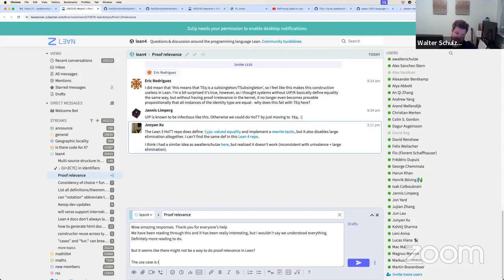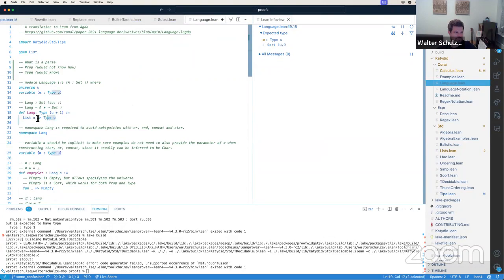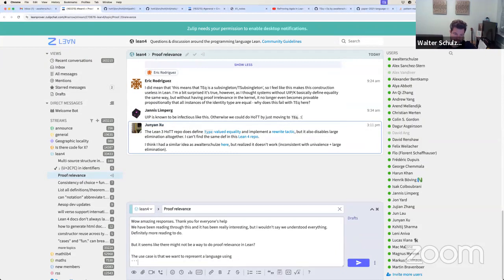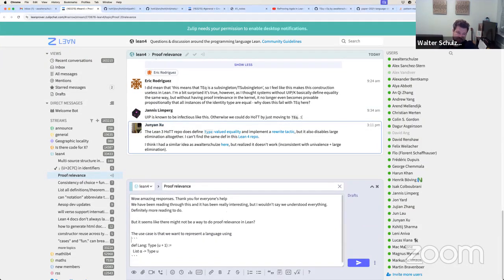The use case is that we want to represent a language using, maybe, and we want to prove relevance to, what is the word?